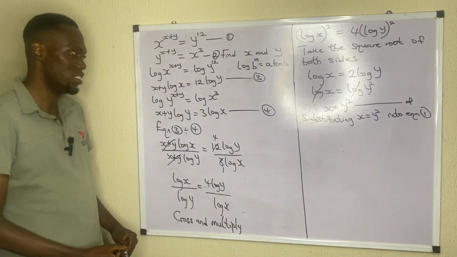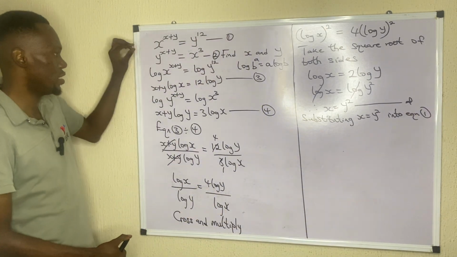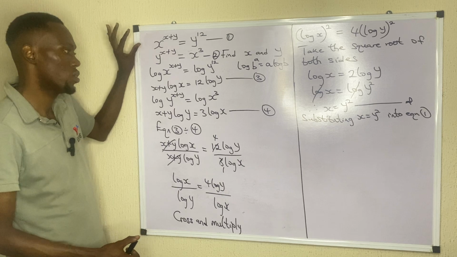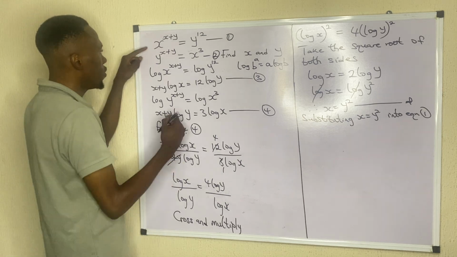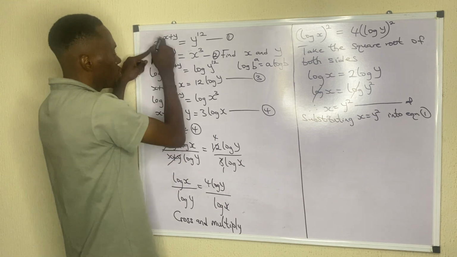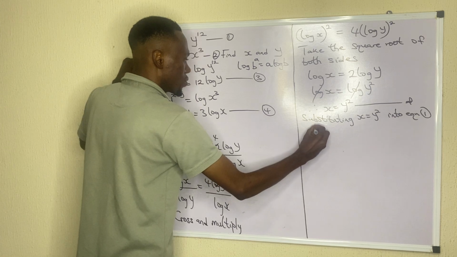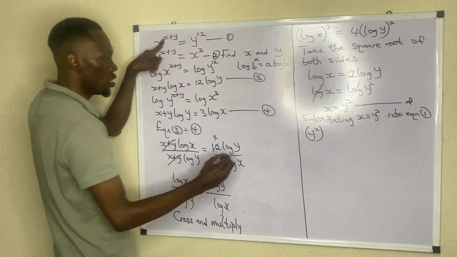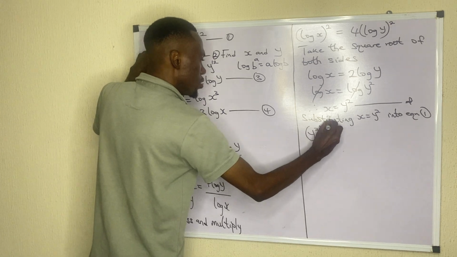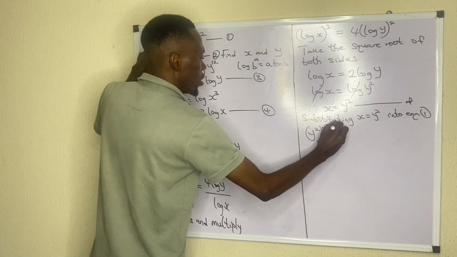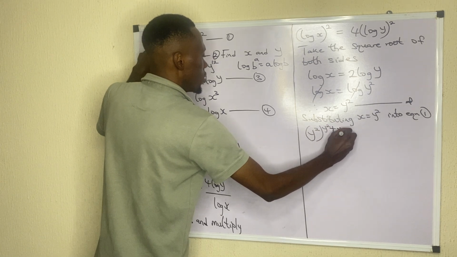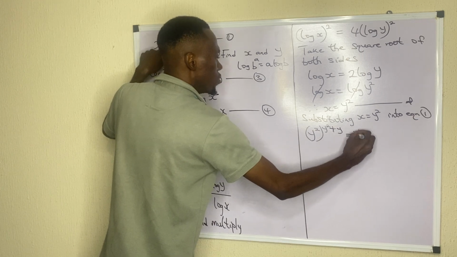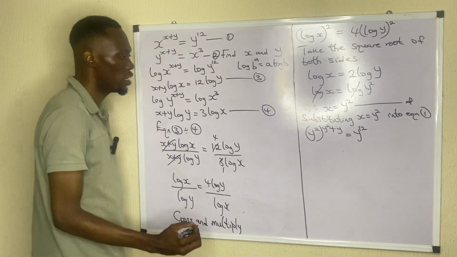What that means is this: anywhere in equation 1 I see x, I'll replace that with y squared. So we have x, I'll replace this with y squared, raised to the power of x, I'll replace it with y squared plus y, which will give me y raised to the power of 12, right?